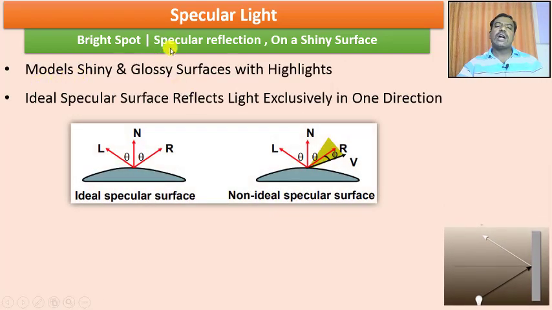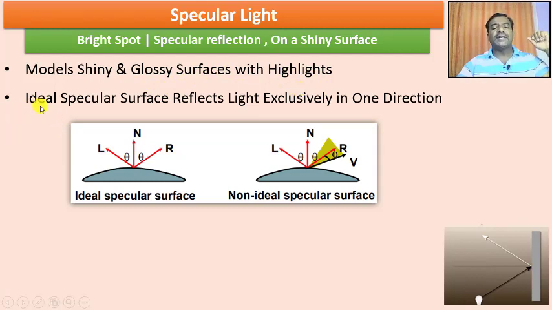Hence when I have a specular light, it is going to make the model or object a shiny and glossy surface, which is going to have one sharp point which we call highlights.